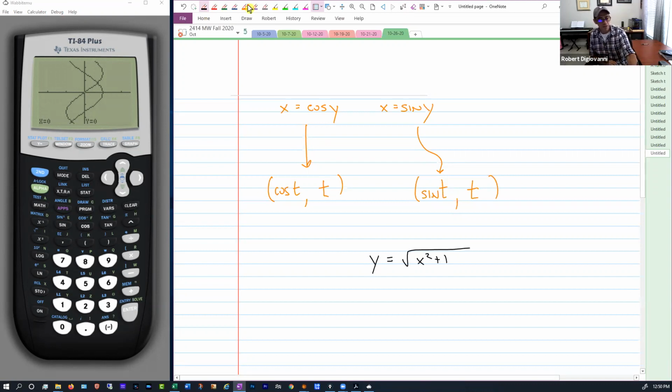But if I want to do it using parametric, this right here is a function of x, so I would just put t here, and then the second part would be the square root of t squared plus 1. And if I do that, I would get the same thing as if I had done it the other way. Does that make sense? I'm using the parametric mode as a more universal way of graphing things. Any questions?